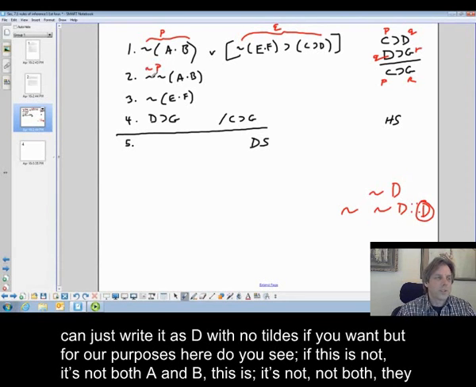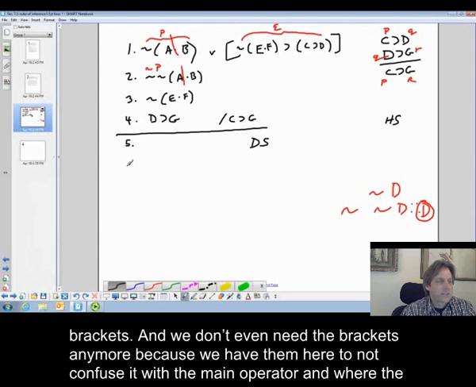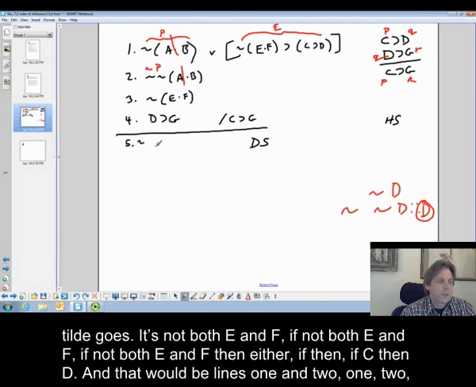But for our purposes here, do you see, if this is not, it's not both A and B, this is, it's not both, they negate. 1 tilde, 2, so these will negate, and we can use disjunctive syllogism. These 2 will cancel out, and we can put down what's in those brackets, okay? And we don't even need the brackets anymore, because we have them here to not confuse it with the main operator and where the tilde goes, okay?